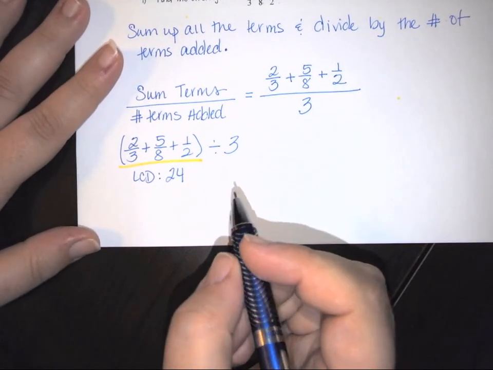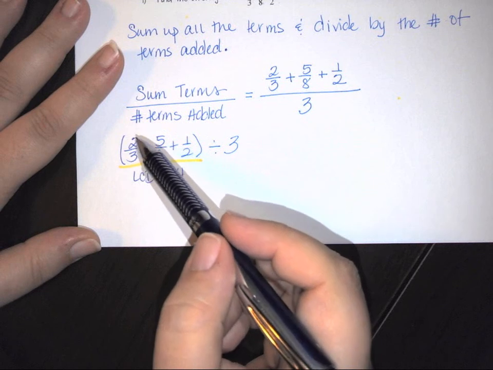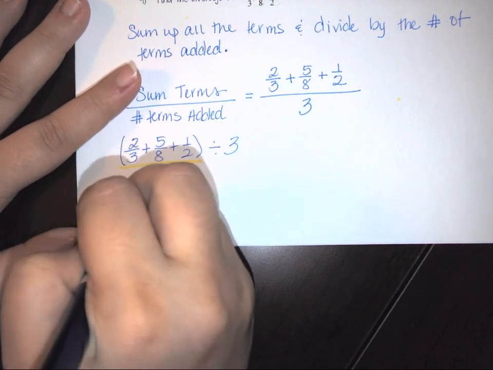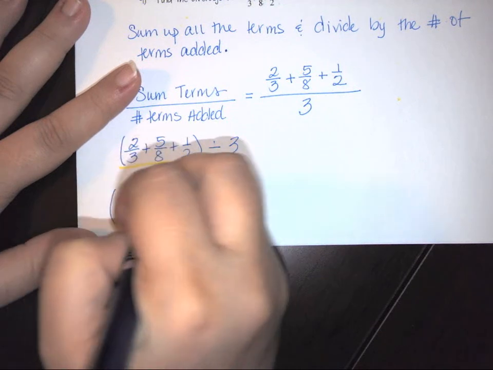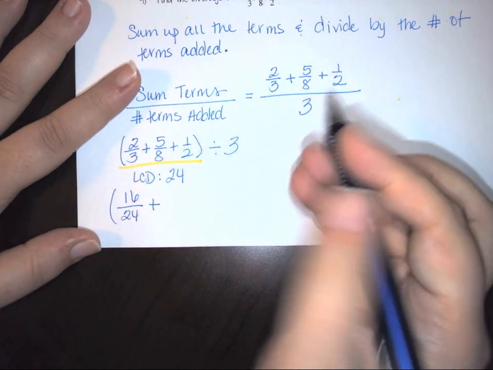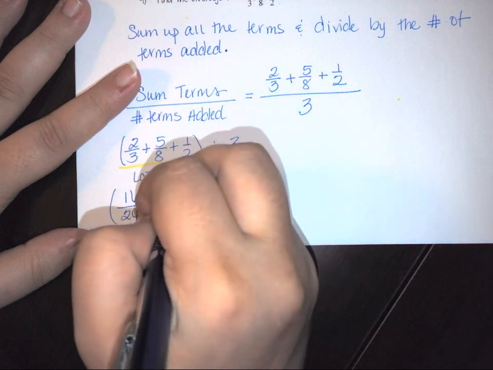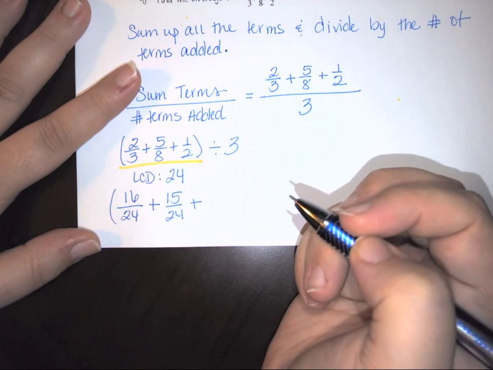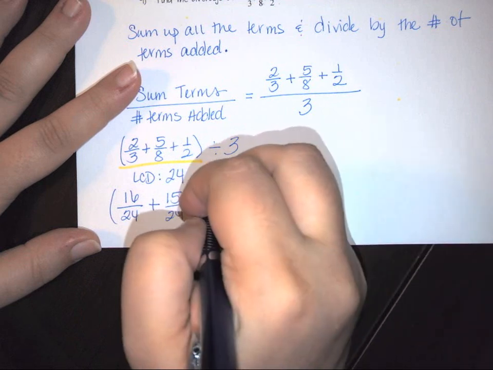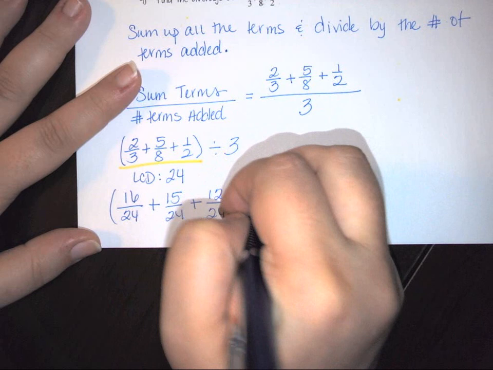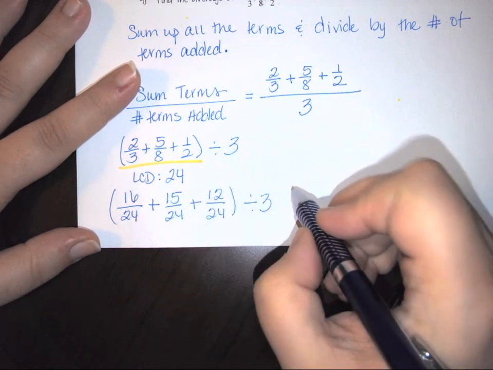I multiply by 8. So I have 8 times 2 is going to give me 16 over 24, plus turning 8 into 24 says multiply by 3, so this becomes 15 over 24, plus, and then 2 into 24 is 12, so this is going to be 12 over 24, and we're going to divide by 3.